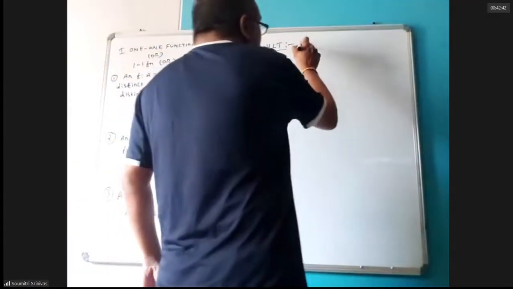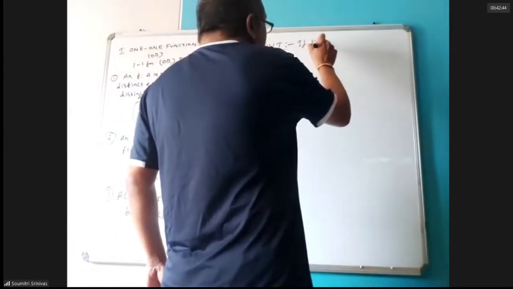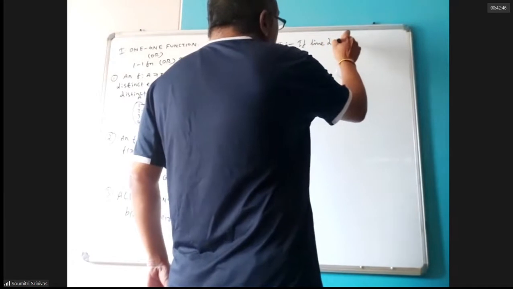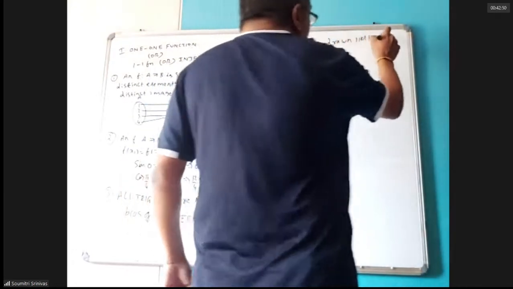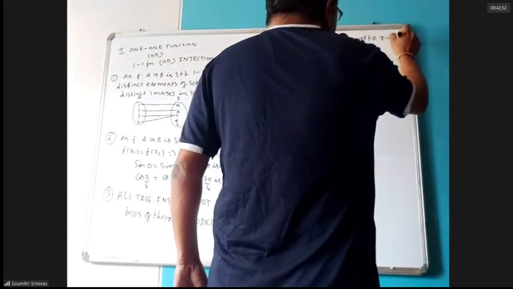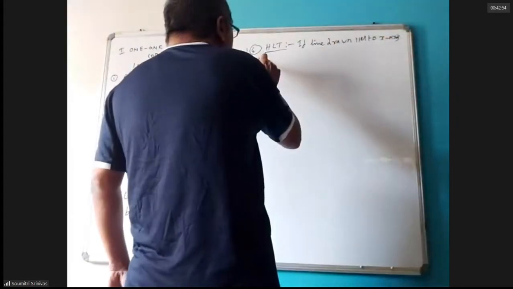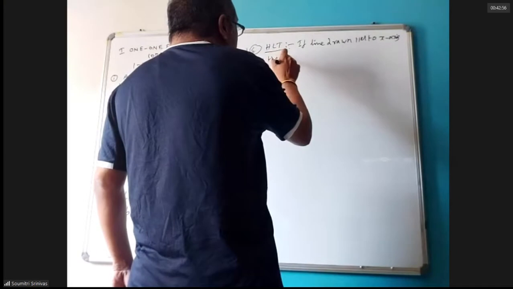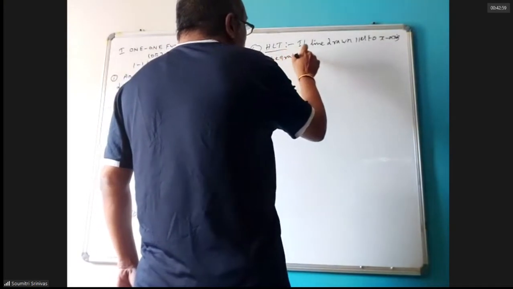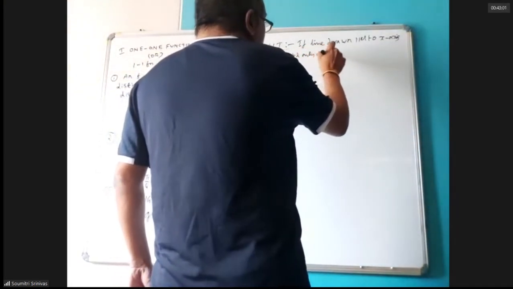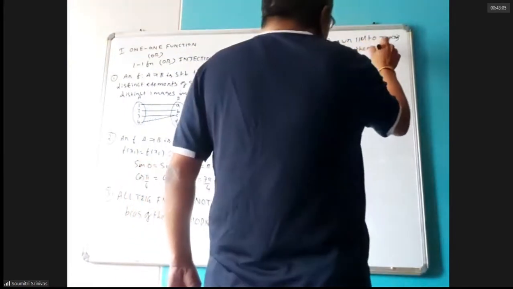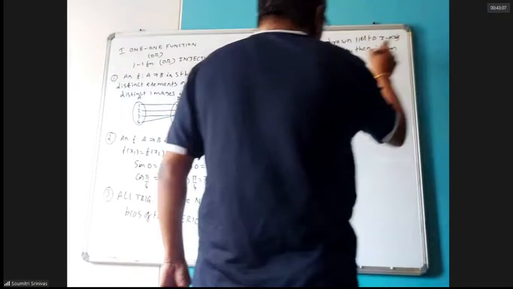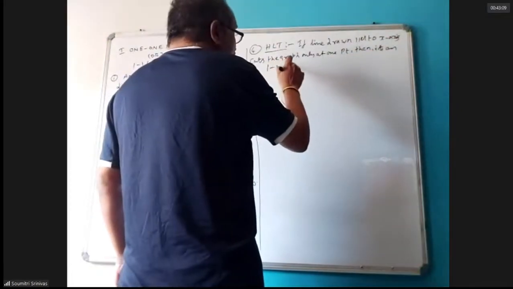If a line drawn parallel to the x-axis cuts the graph only at one point, then it's a 1-1 function.